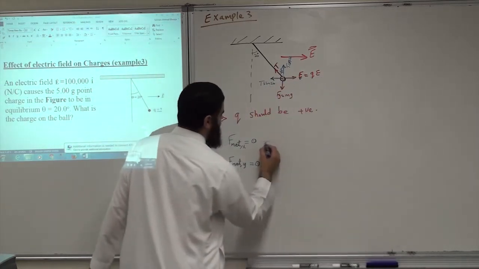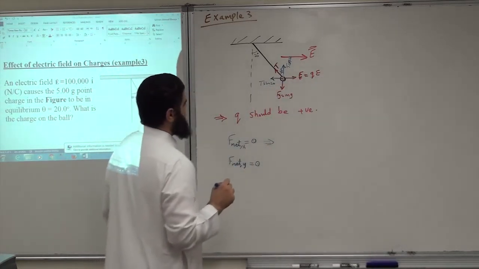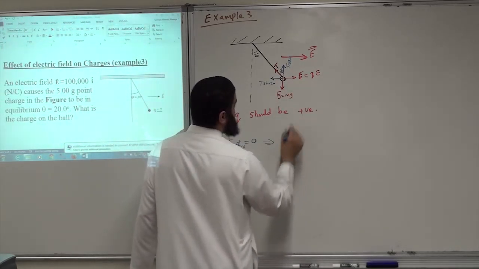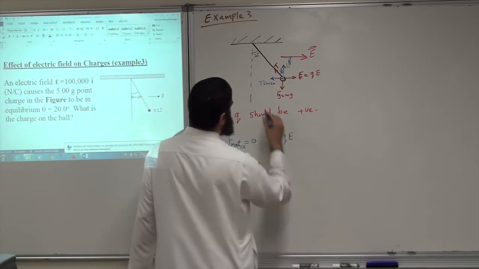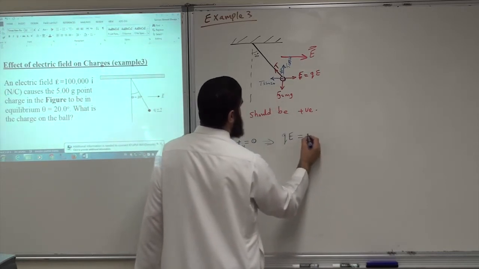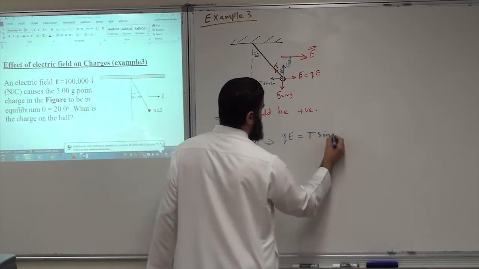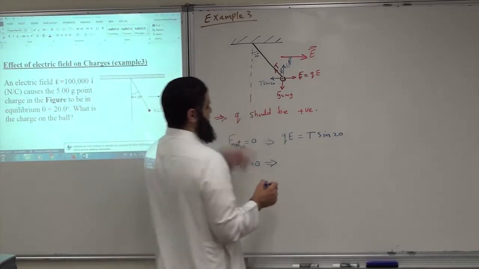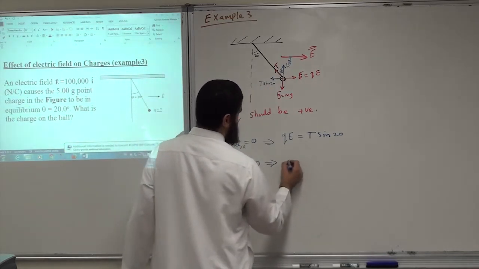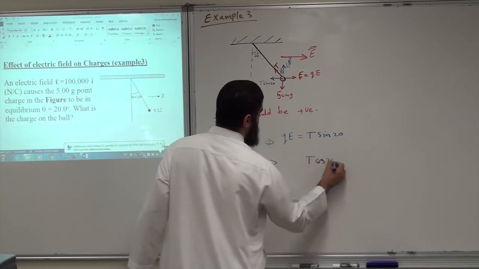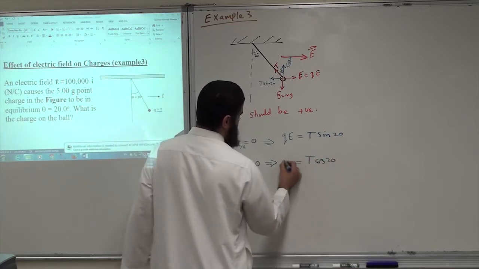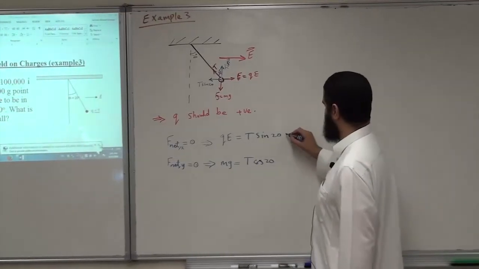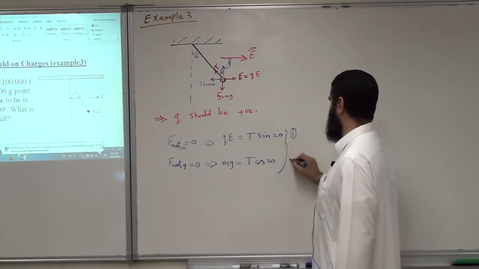So here, F net along X equals 0 will give us QE to the right minus T sine 20 equals 0, or QE equals T sine 20. Along the y-axis we have these two forces, T cosine 20 equals mg. So I can divide these two equations, this is 1, this is 2.